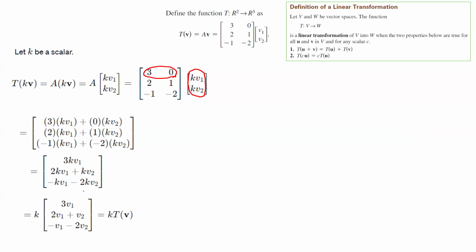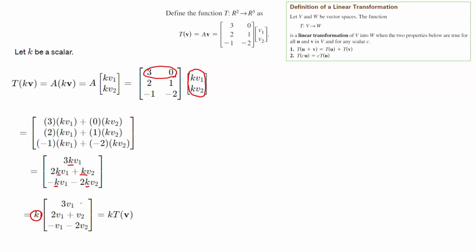You can easily factor out k, right? You have a k in every linear combination down here. So by scalar multiplication, you can take your k and write it outside the matrix. Due to the matrix multiplication definition, this is k times T(v).